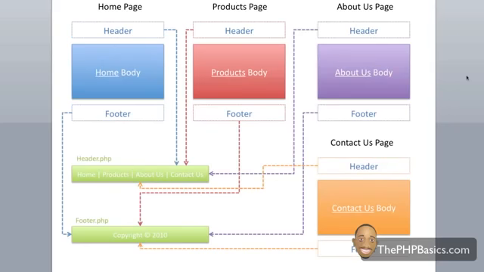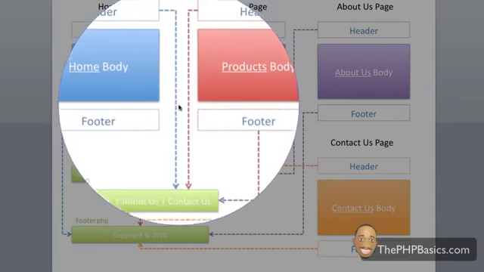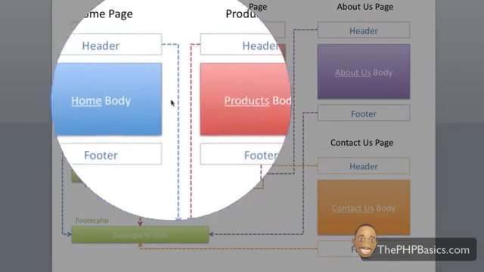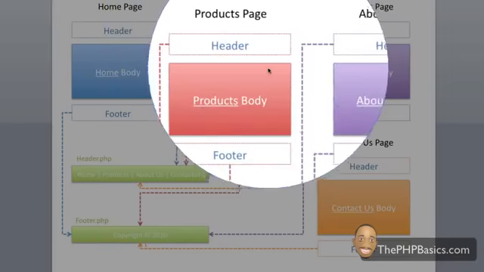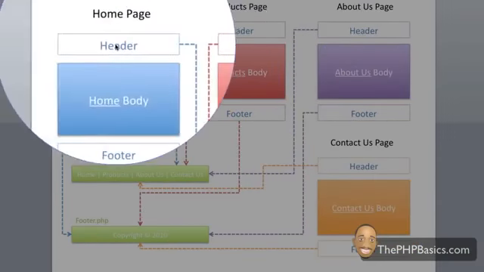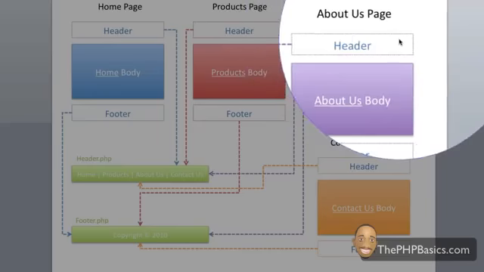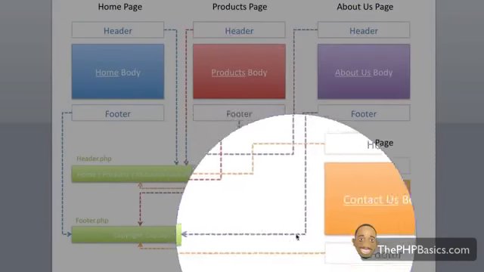All right, so here's another diagram that I came up with. And let's try to pay attention to only the boxes for now and ignore the lines in these boxes here. What we see here, we have the same scenario. We have a home page, a products page, about us page, and a contact us page. And again, we know that the headers are common for each one of our pages, and the footer is common as well.